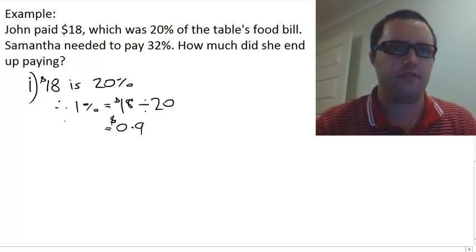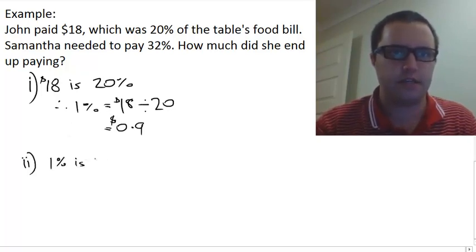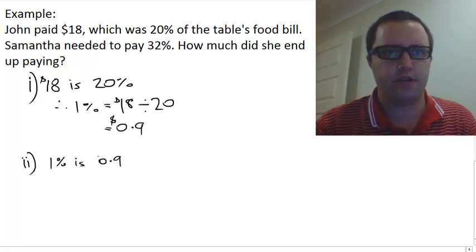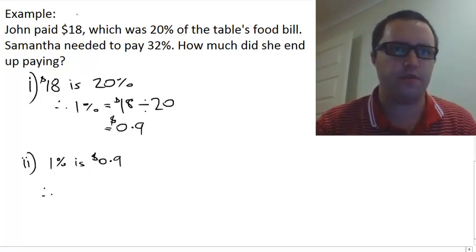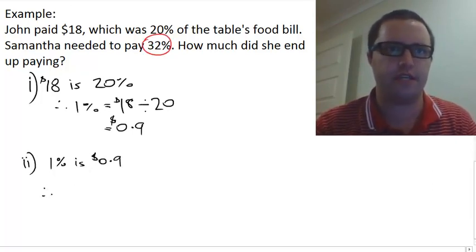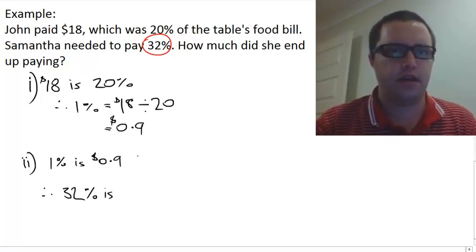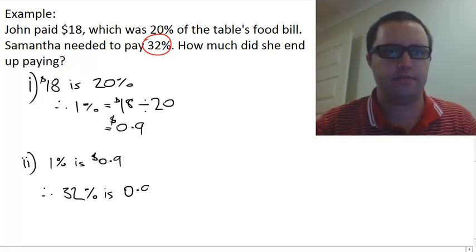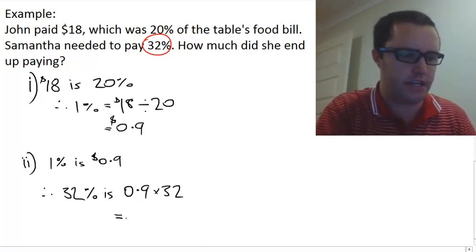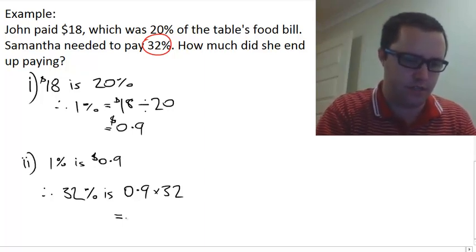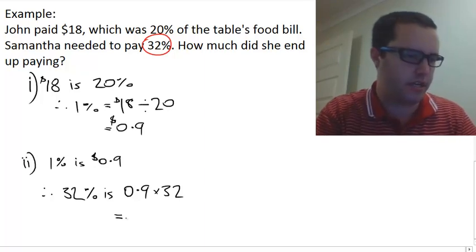Right, second step, 1% is $0.9. Therefore, what are we looking for? Well, we're looking for 32%. So to get from 1 to 32%, therefore 32% is 0.9 times 32. If we chuck that in our calculators, 0.9 times 32 is $28.80.